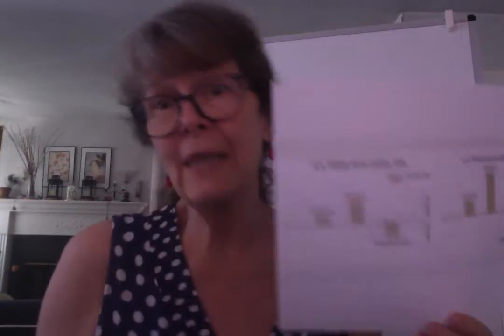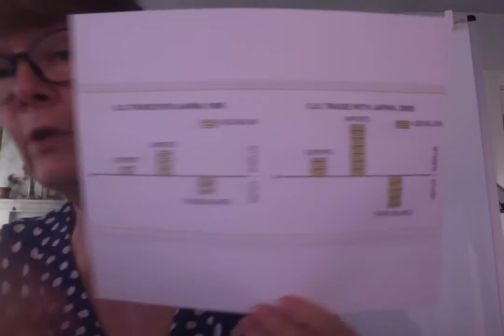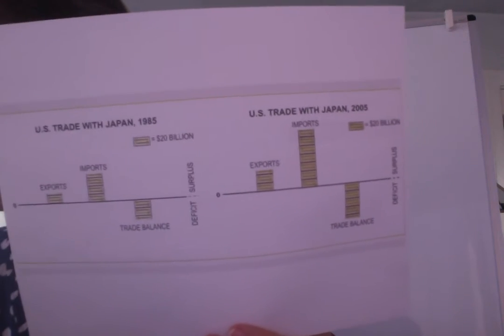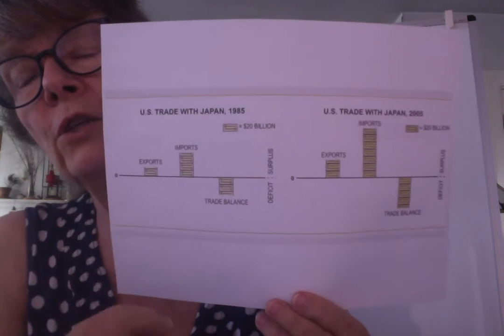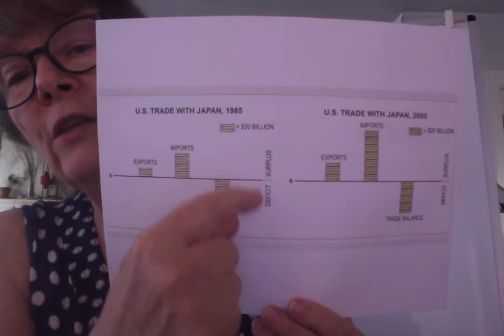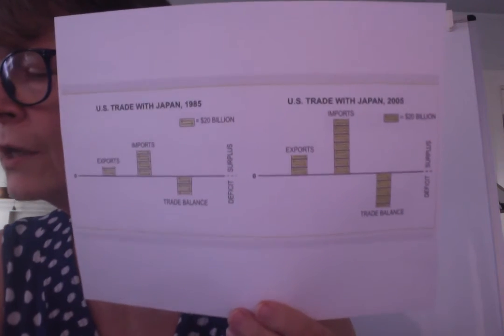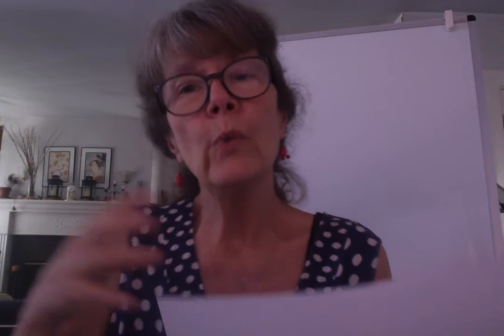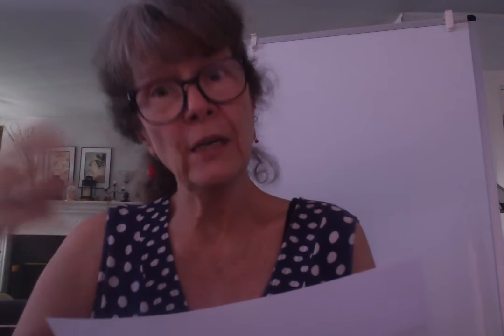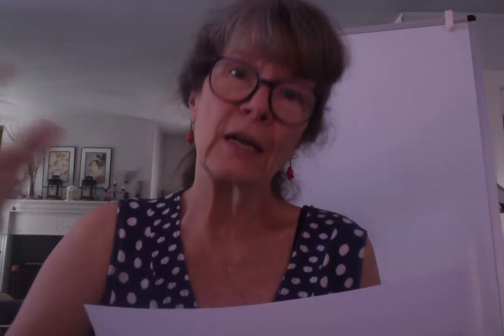Why can't they make it like 10 billion? Easier to count. Or 100 billion, easier to count. But each one equals 20 billion, so remember that when you're counting. And when we look at this, we see we have a zero line on these charts. And then again, we have these figures, deficit and surplus, deficit and surplus. So we find from the passage that a trade balance, ideally, if we're trading with Japan, we export to them just as many products as they export to us.